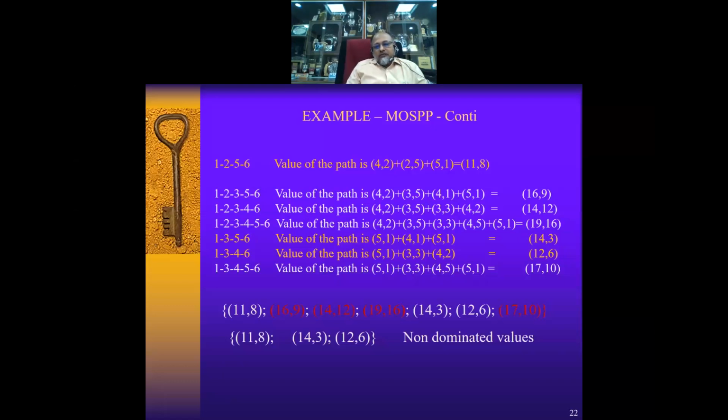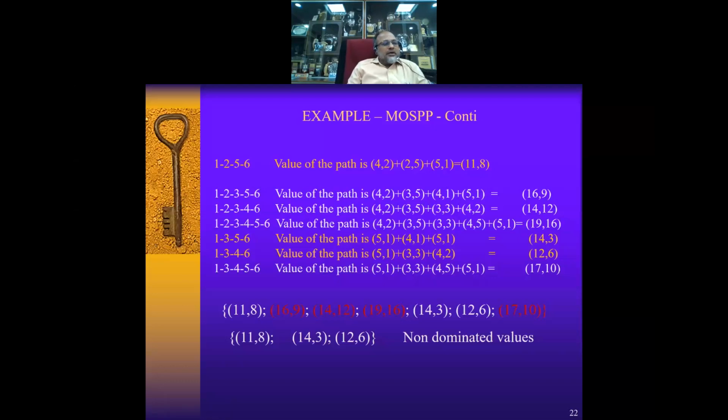First component of the first edge, first component of the second edge, first component of the third edge. For example, 4 plus 2 plus 5 is 11. Similarly, 2 plus 5, 7, plus 1, 8. So the value of the path 1, 2, 5, 6 is 11, 8. Similarly, the second path is 16, 9, and the third is 14, 12, etc.